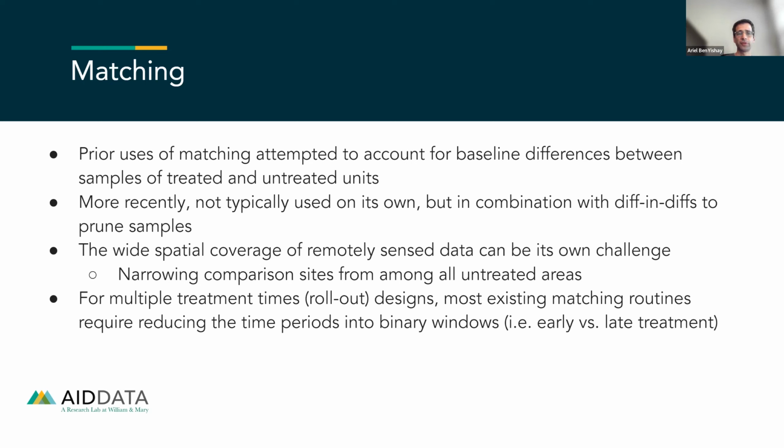And then after having reduced the sample that way, actually going back and running the standard multiple treatment times models on that pruned or reduced sample. So that's the way we're using matching more and more these days.